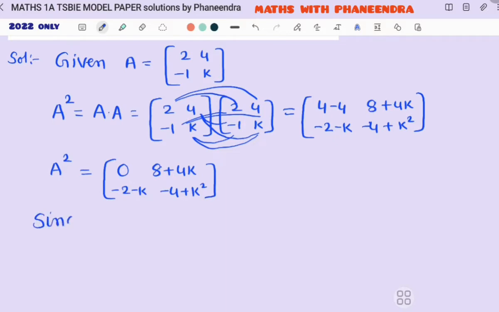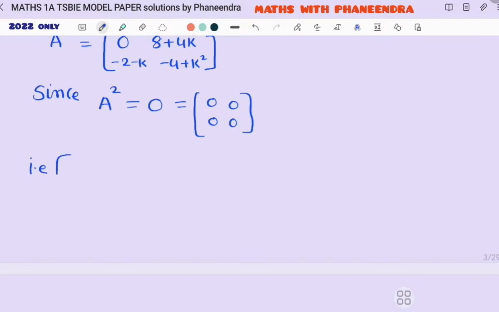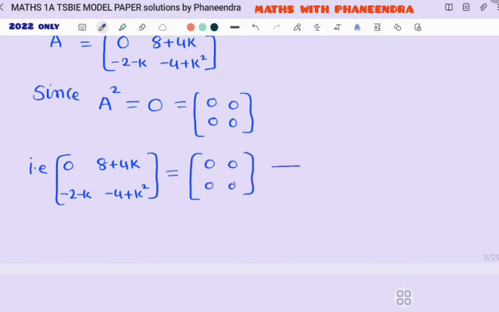Since A square is equal to the null matrix, 0 means here the 2 by 2 null matrix, that means [0, 0; 0, 0]. So that is the A square value: [0, 8 plus 4k; minus 2 minus k, minus 4 plus k square]. So corresponding elements we need to equate to get the value of k.